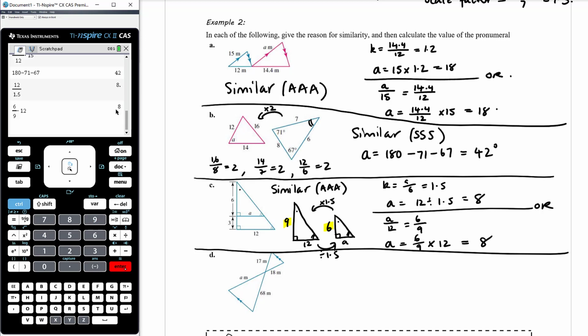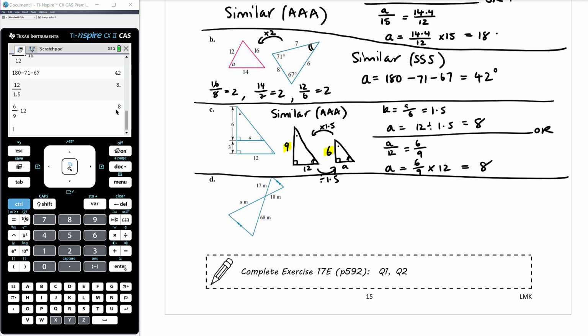Alright, and finally here, again, we need to think about, are the triangles similar? These two angles are going to be the same because they are vertically opposite each other. Thinking about the parallel lines, there we've got a Z angle going that way, so this angle up here is the same as this angle down here.